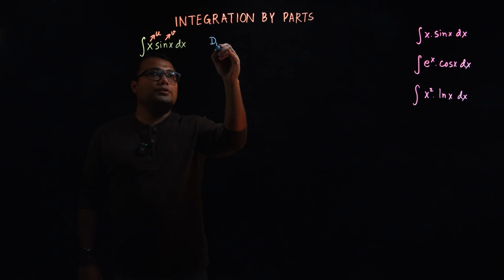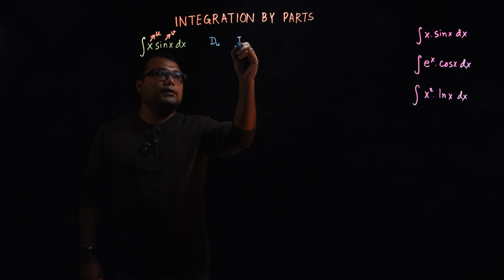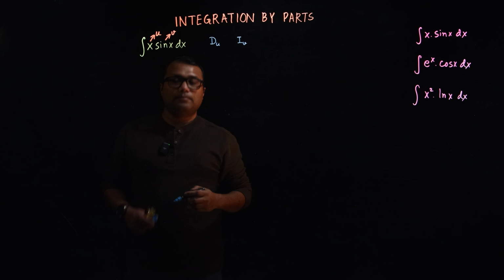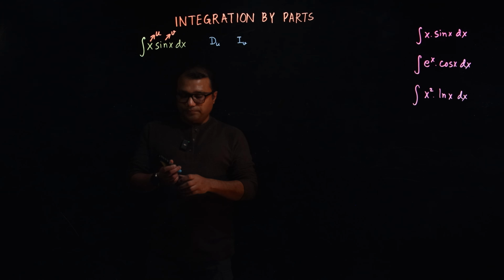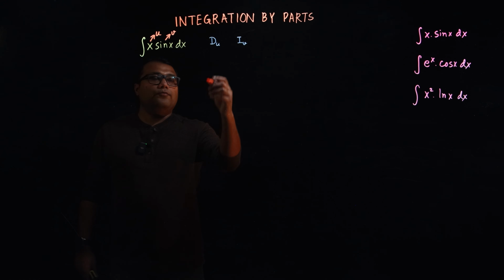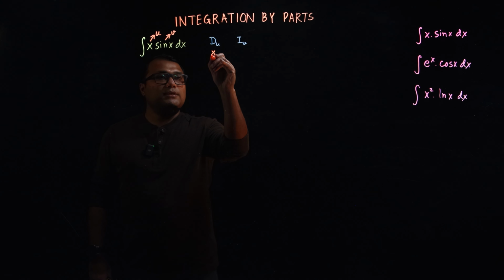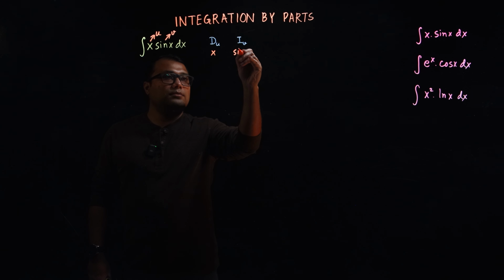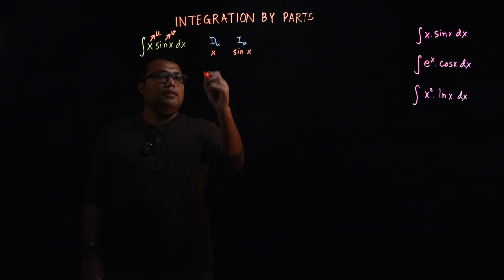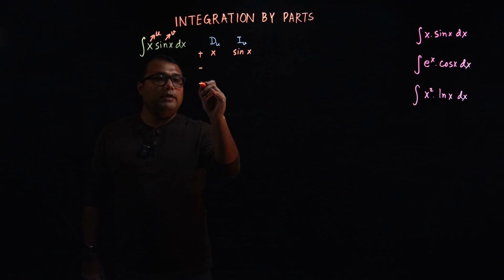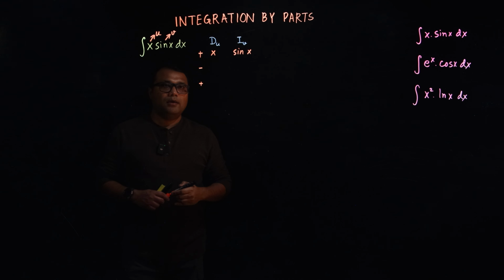We differentiate u and we integrate v. Now, first let us write down the functions themselves, x, sin x, and then let us write down the signs. Maybe we will write down up to 3 steps.